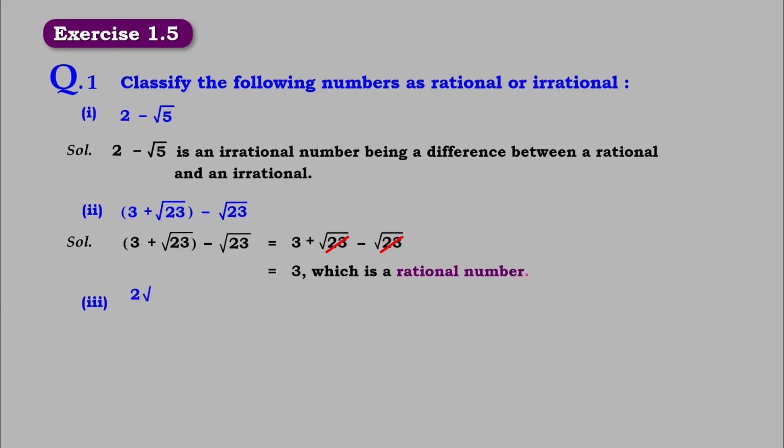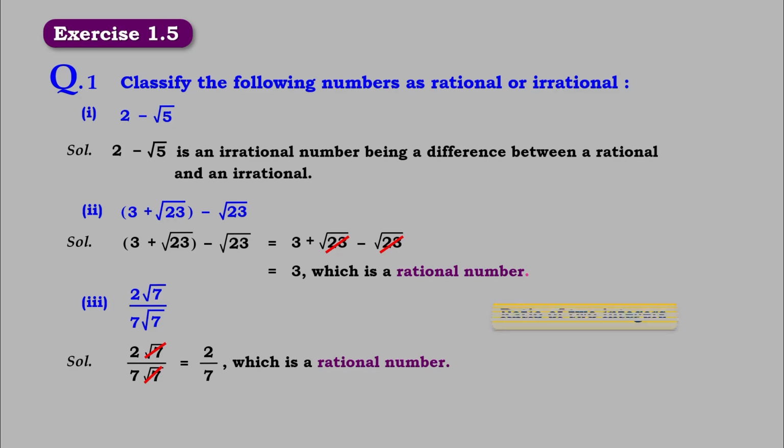Now next question. 2 root 7 by 7 root 7. Root 7 will cancel in both numerator and denominator. So we got 2 by 7, which is in the p by q form, which is a rational number. Rational number, we already know that p by q means this is a ratio of two integers.